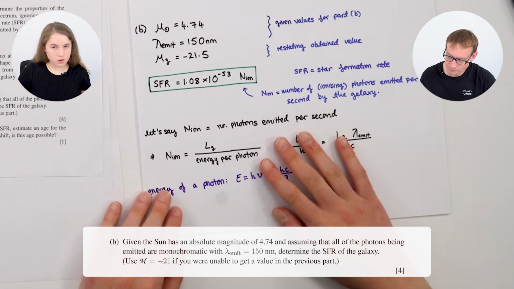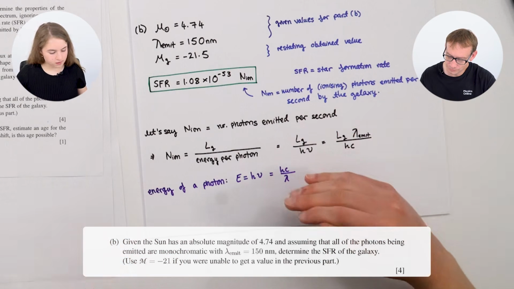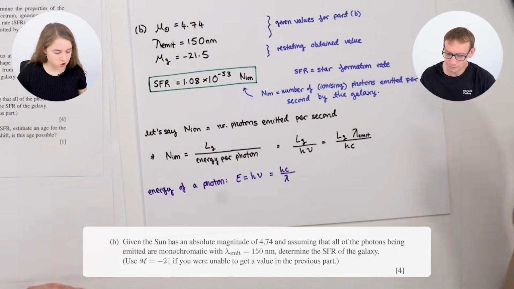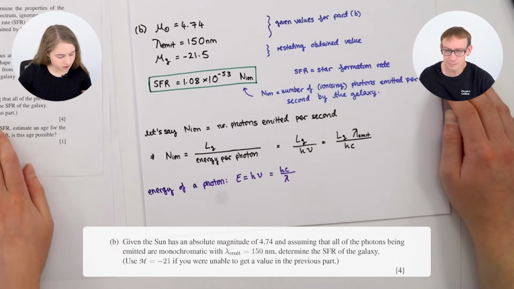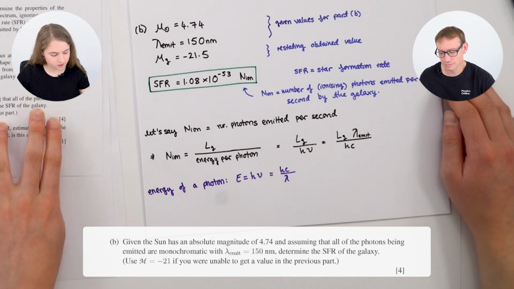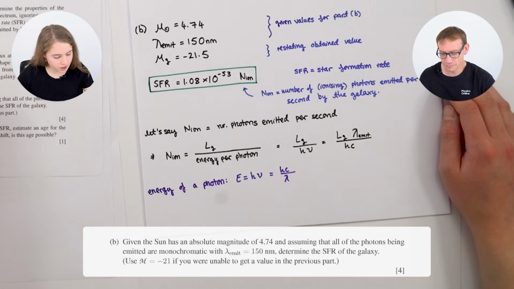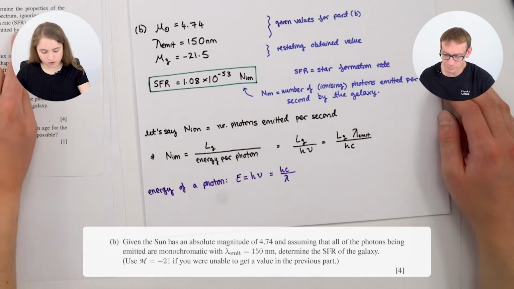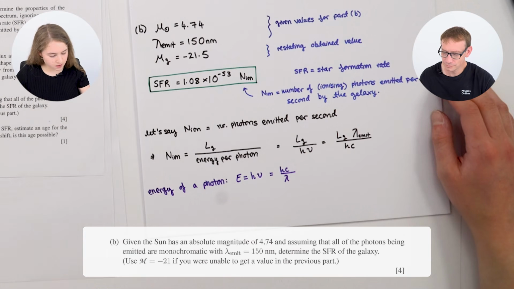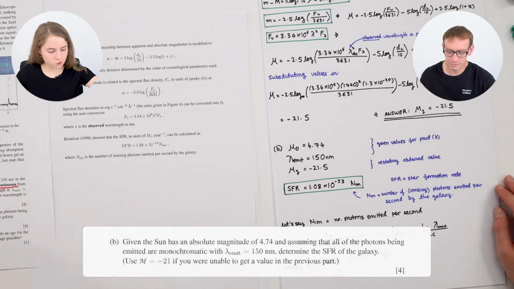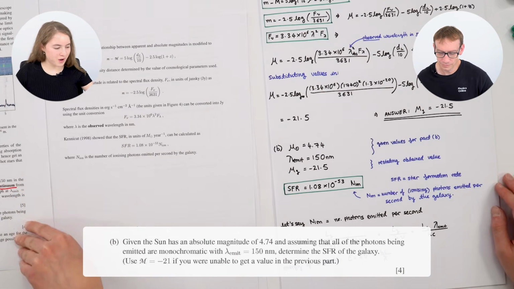Once we've done that, we ask, what's the question asking us to do? What's the instruction here? The instruction is to determine the SFR of the galaxy. And from reading the preamble, the SFR is the star formation rate. Again, without these extra formulae, you might not know what to do.